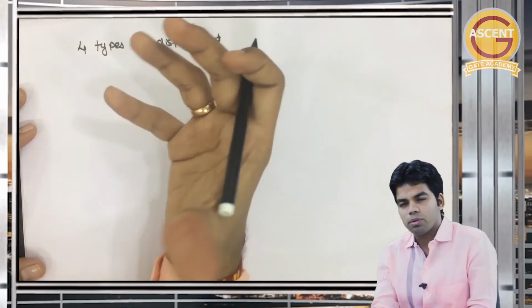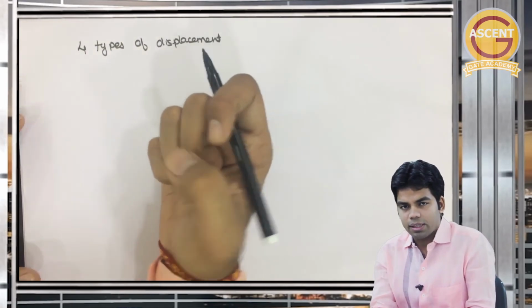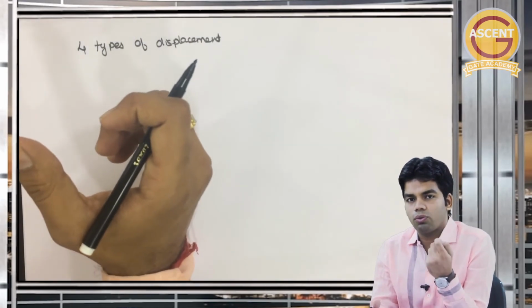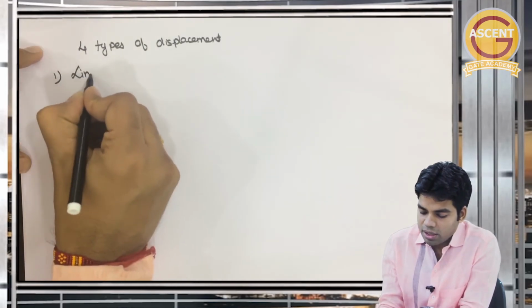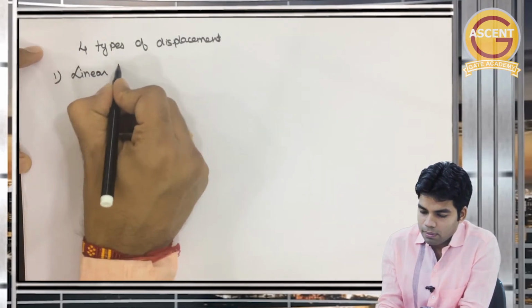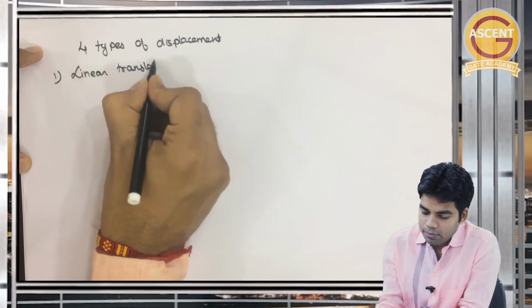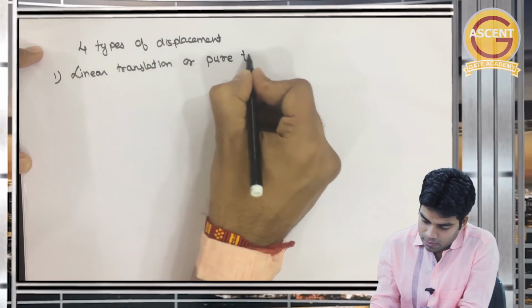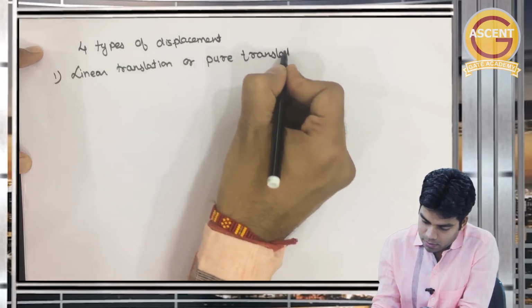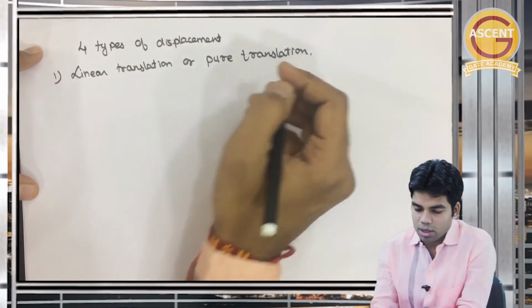Whenever some body moves, whether it be solid or liquid, it basically follows 4 types of displacement. The very first displacement is the linear translation, or you can call it pure translation.